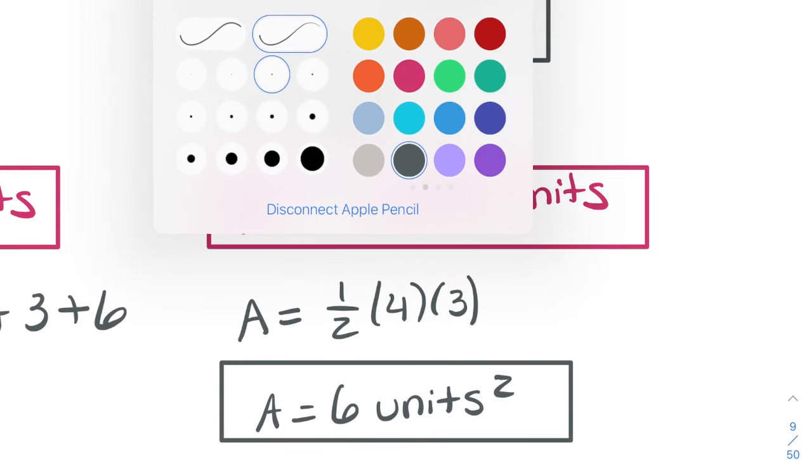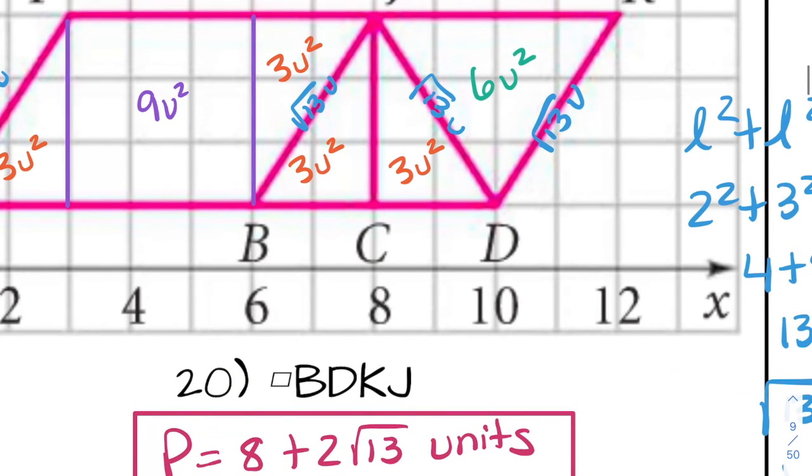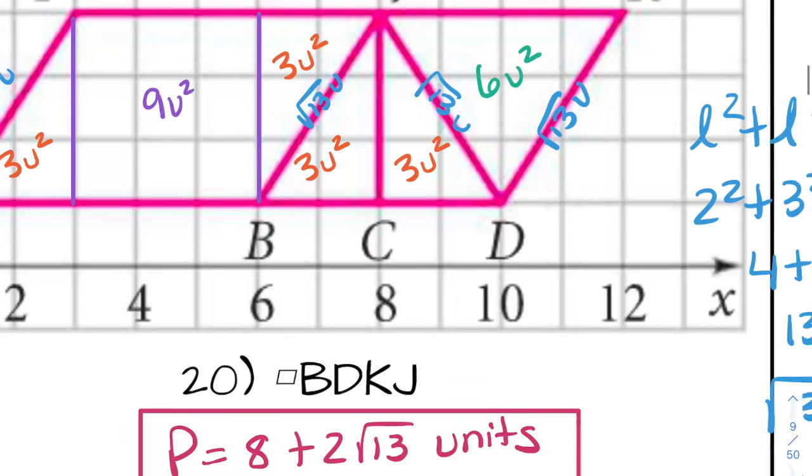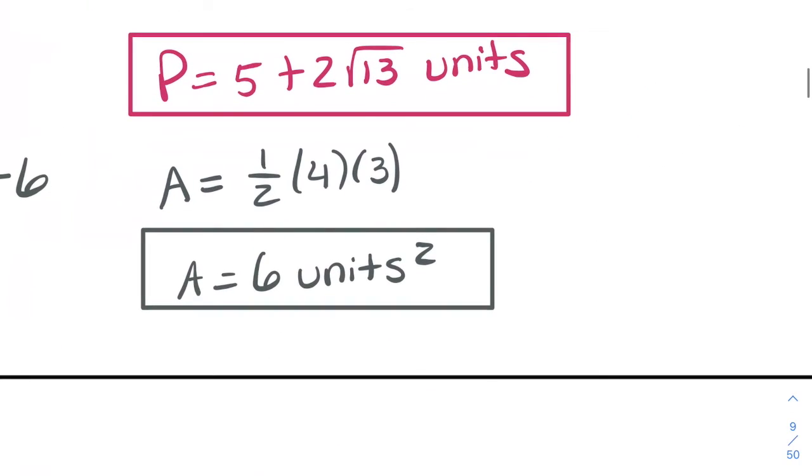So its perimeter is 5 plus square root of 13. And I got that from here, 2 plus 3 plus square root of 13. And then it looks like it's half of 2 times 3, so half of 6 is 3 units squared.